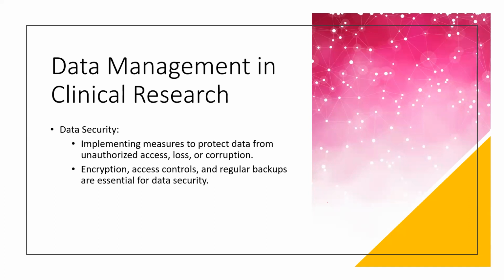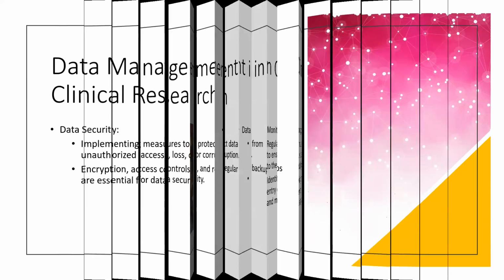So that's why data security will ensure things like access controls or regular backups, to ensure that the backups are regularly kept without any need for the patient to have concerns about their data.